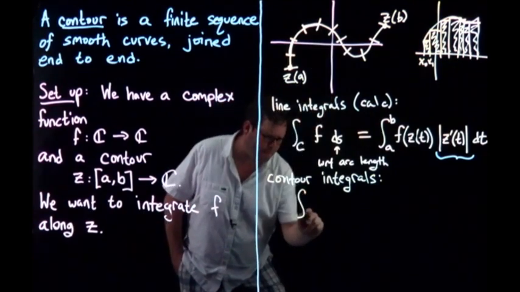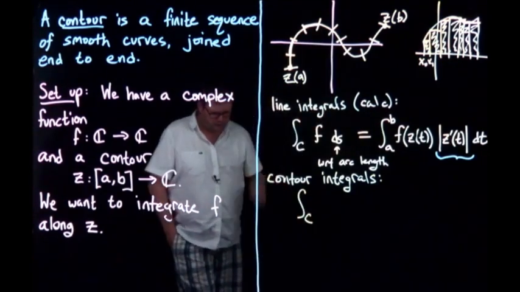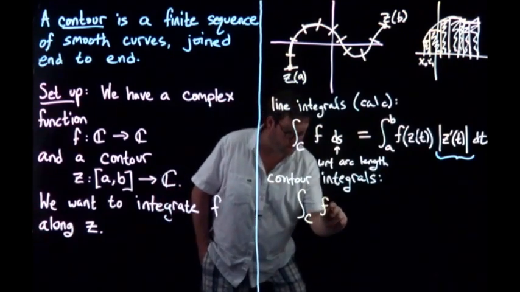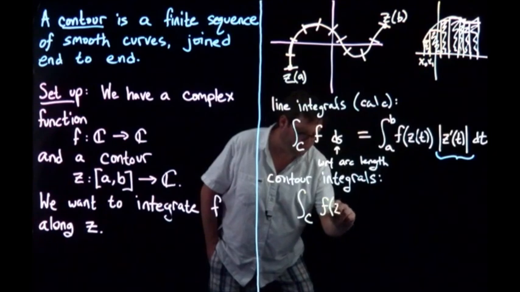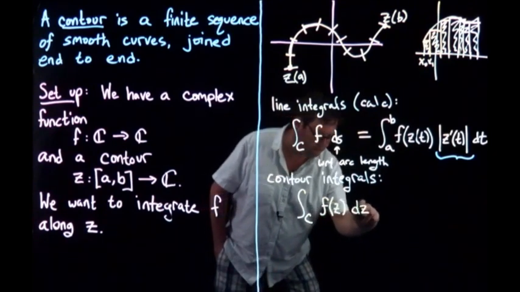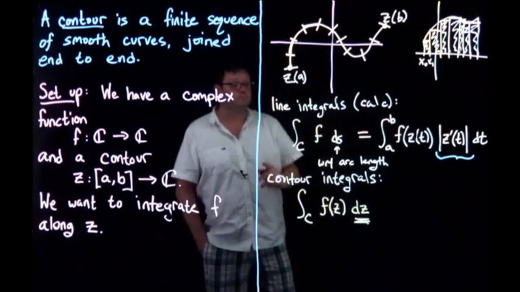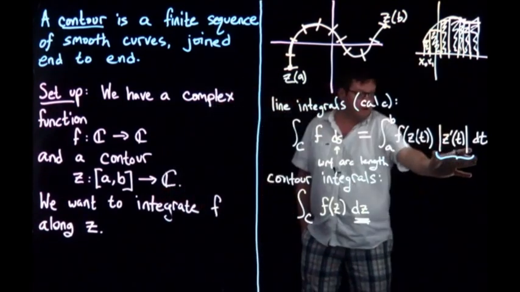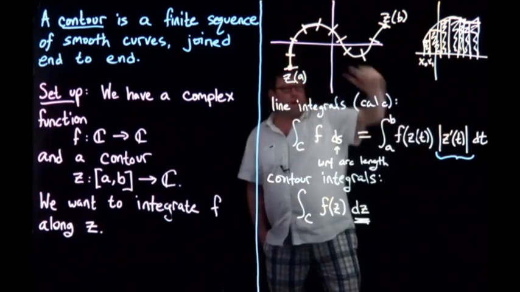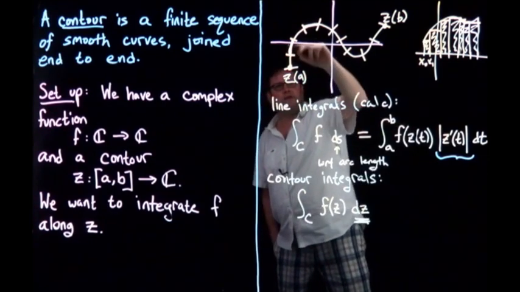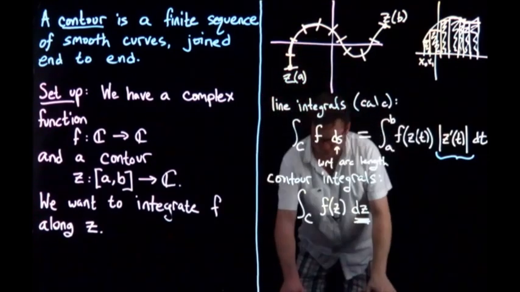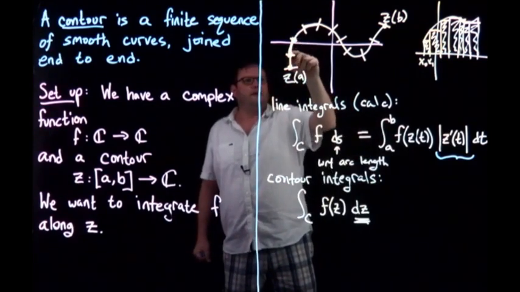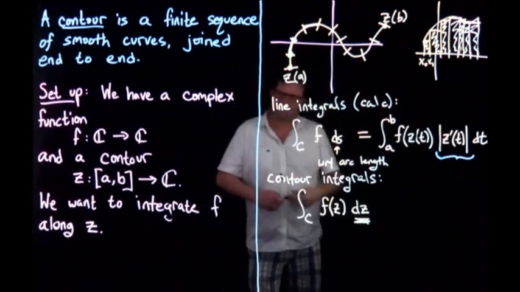So our contour integral is going to look like an integral over a curve c of f of z with respect to z this time. That's the important difference. Whereas up here in Calc 3, we were taking the length of these little line segments, now we're going to take the change in z value in these little segments.